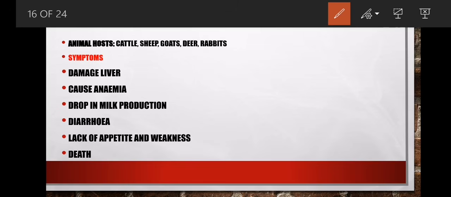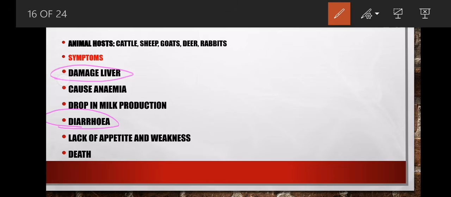Before we move any further, do you see diarrhea here? Remember, diarrhea is a symptom that comes up for tapeworm too. So for one answer, one word, you already have an answer for 3 questions. Symptoms of tapeworm, diarrhea. Symptom of liver fluke, diarrhea. Symptom of roundworm, diarrhea.